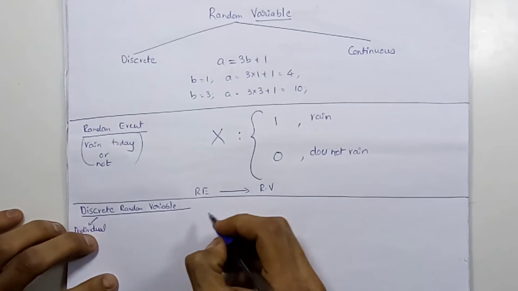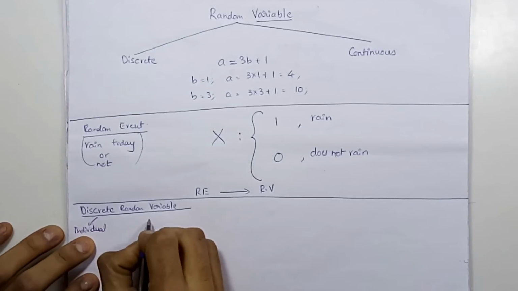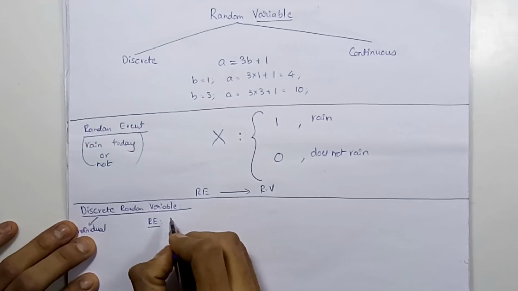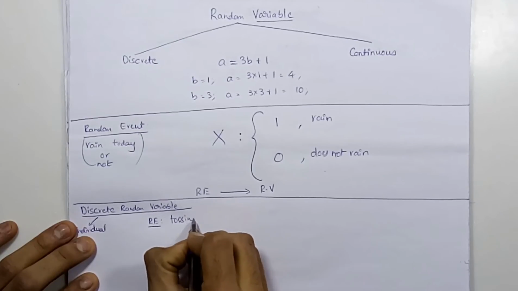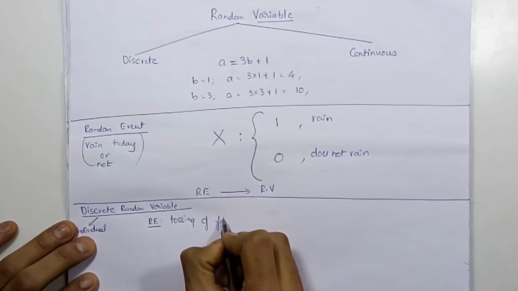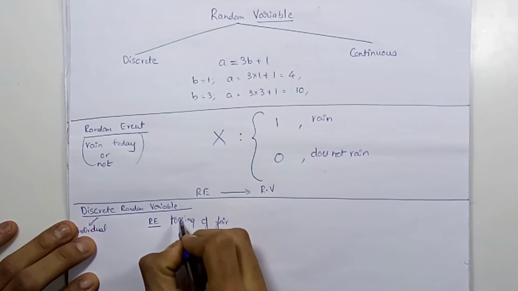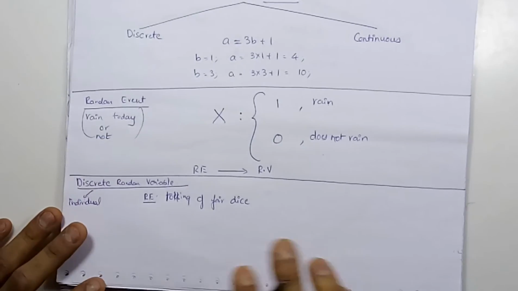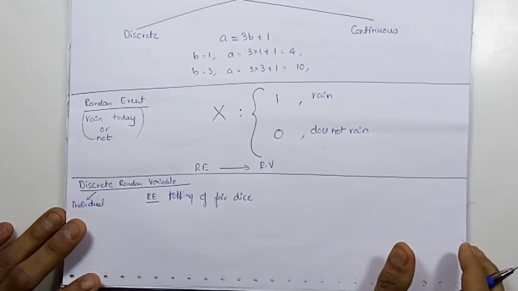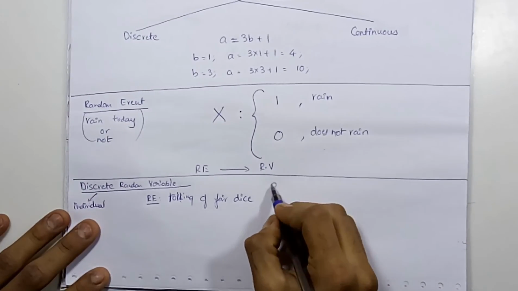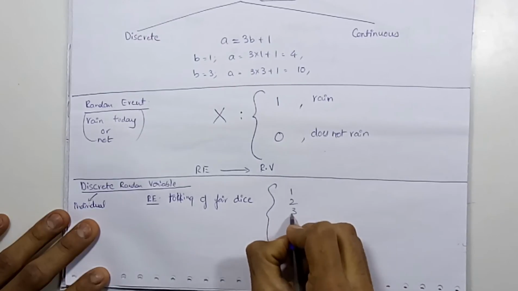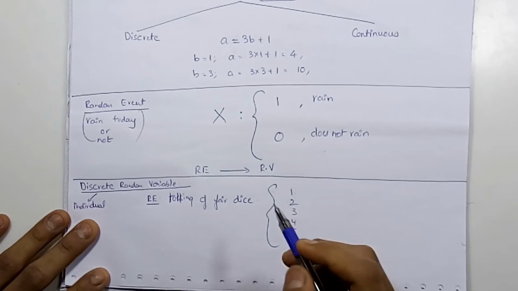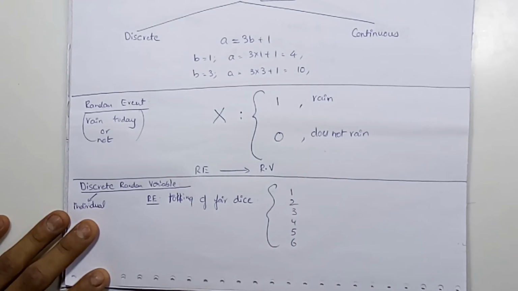Let's say we have a random event, which is rolling of a fair die. When you roll a fair die, we know that the possible values we're going to achieve are 1, 2, 3, 4, 5, 6. It could be any one of these numbers that shows up.